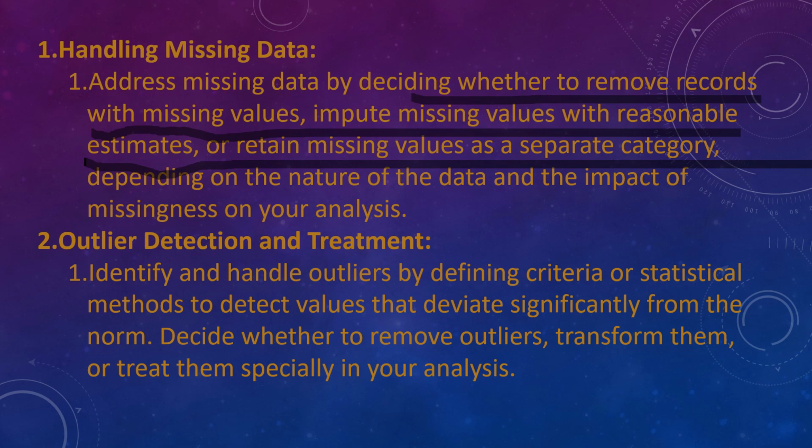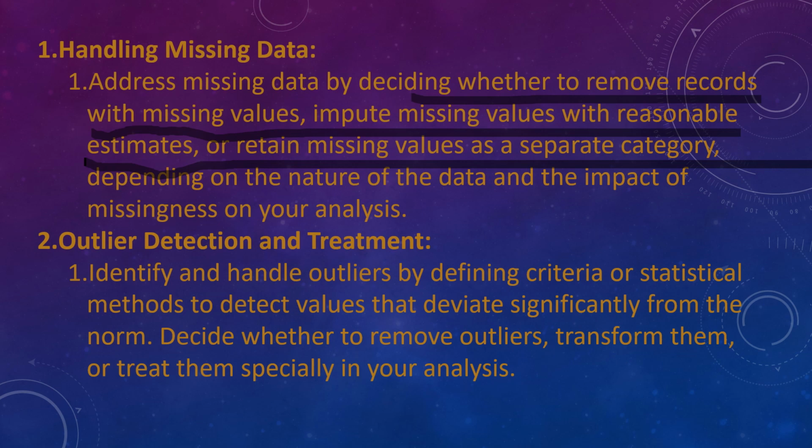The second point is outlier detection and treatment. Identify and handle outliers by defining criteria or statistical methods to detect values that deviate significantly from the norm. Decide whether to remove outliers, transform them, or treat them specially in your analysis.